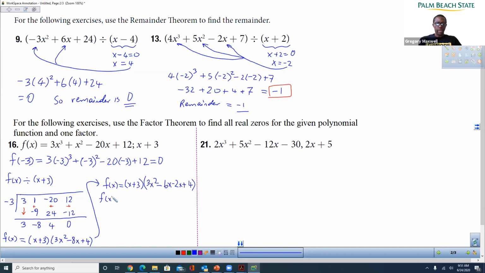And then we just factor that. We get 3x times x minus 2 minus 2 times x minus 2. So we end up with f of x is equal to x plus 3 times x minus 2 times 3x minus 2. So that is f of x completely factored. Do we have any questions so far?